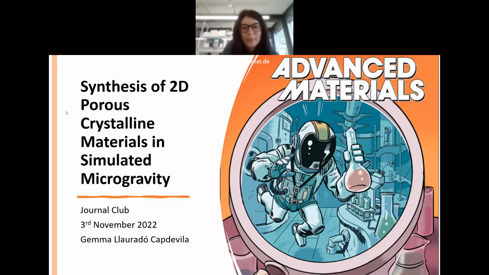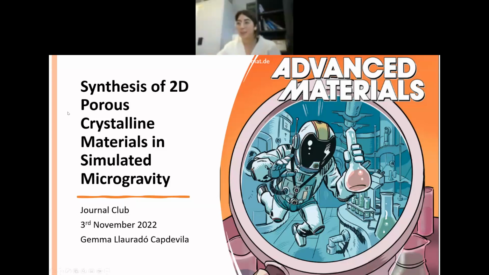The potential application. I think, well, it depends on which material you are looking at and what properties you can observe in these microgravity conditions, but COFs and MOFs in general are known to be used in catalysis, for example. Also, they are known to be used in gas separation processes that are very important.